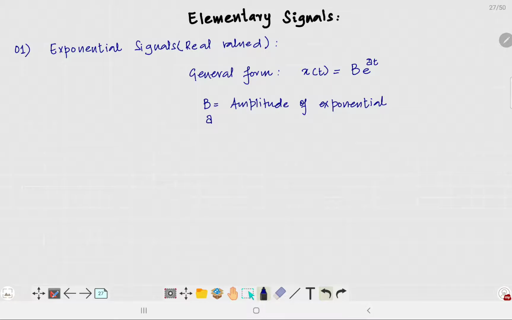Now this a, the exponentiation factor, will determine the nature of the exponential signal.